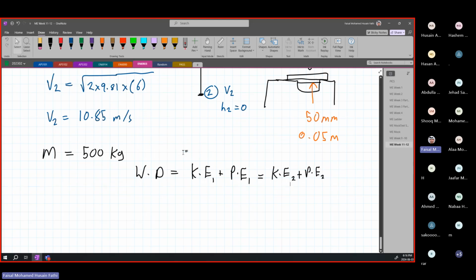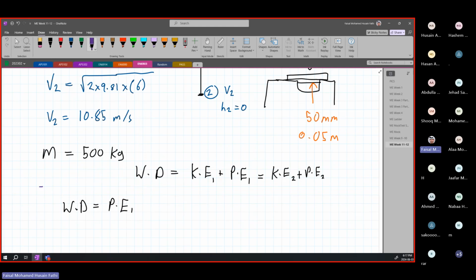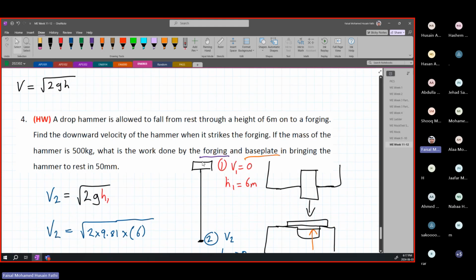Because this is our conservation of energy equation, right? Kinetic energy plus potential energy is equal to this. And the energy is always equal to the work done. So they're all equal to each other. So we can find the work done by simply finding the potential energy at 1. This is for the first part, the forging part, the initial part.